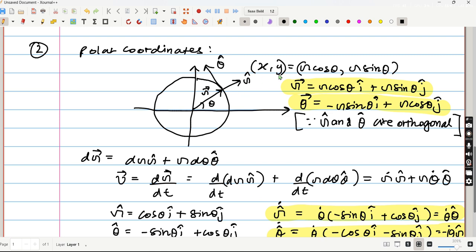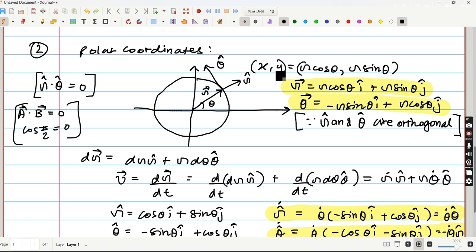So we already saw that polar coordinates are also described by two variables, r cap and theta cap, which are mutually orthogonal to each other, and the r vector is represented by r cos theta i cap plus r sin theta j cap. Since they're orthogonal, the dot product should be 0, because cos pi by 2 is 0.